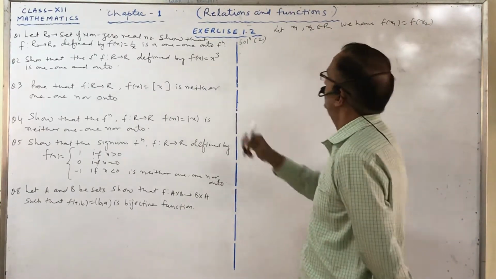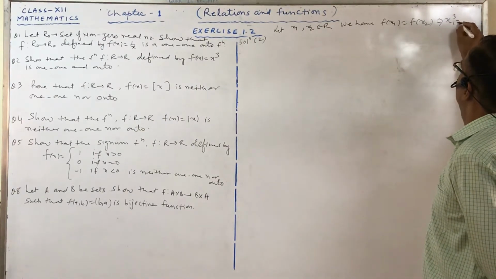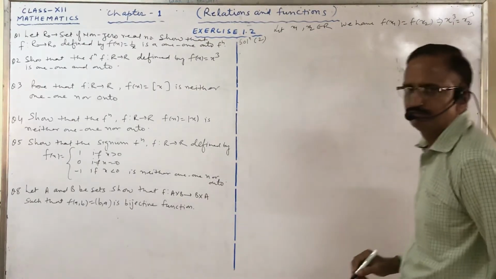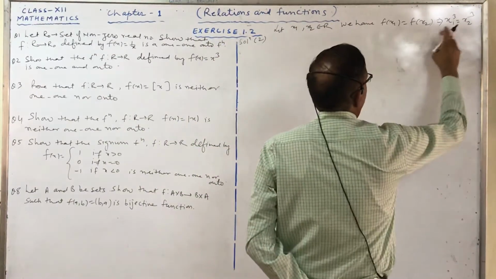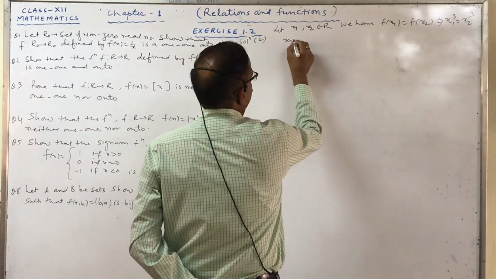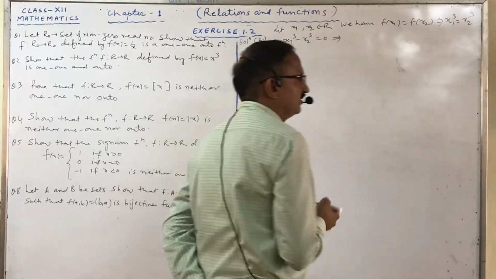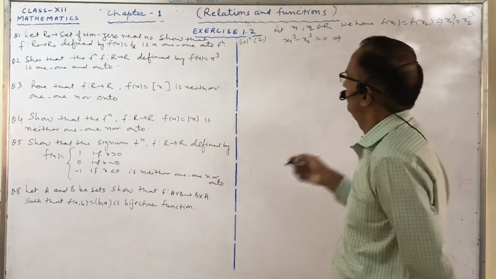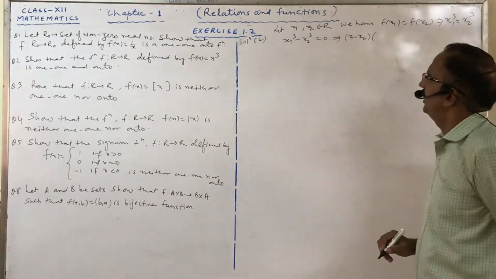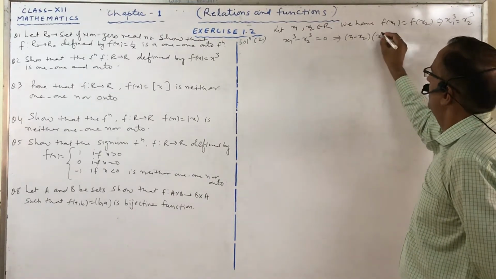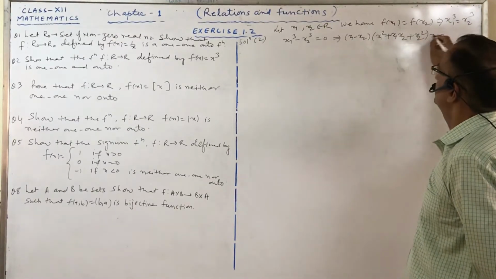With the help of this function, we can write x1 cube equals x2 cube. Now we will simplify this. Transfer this to the left hand side. We will get x1 cube minus x2 cube equals 0. This implies that by using the identity, we can write this as (x1 minus x2)(x1 square plus x1 x2 plus x2 square) equals 0.